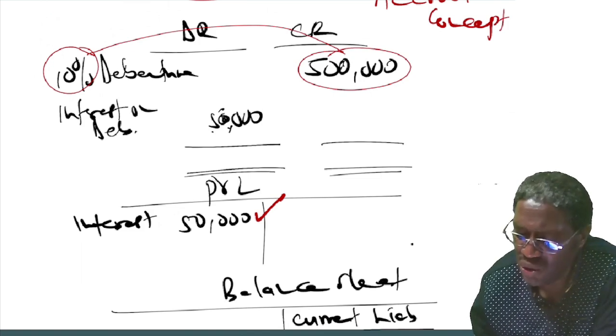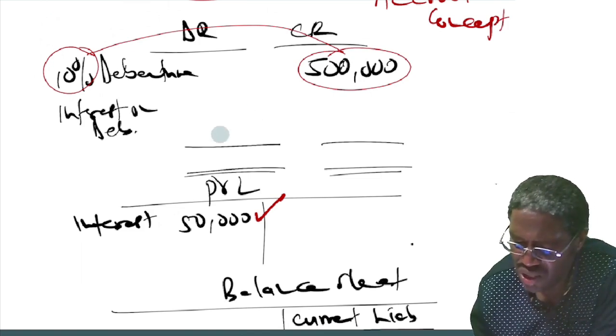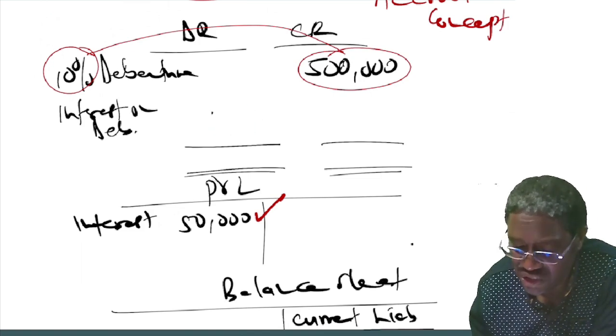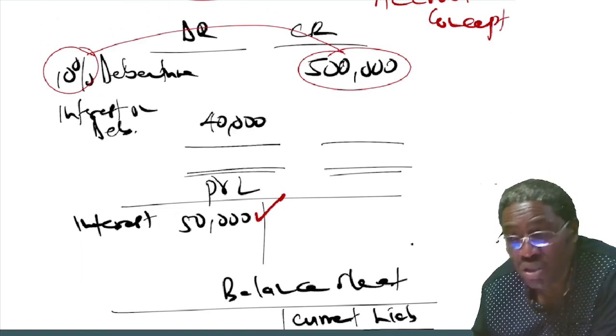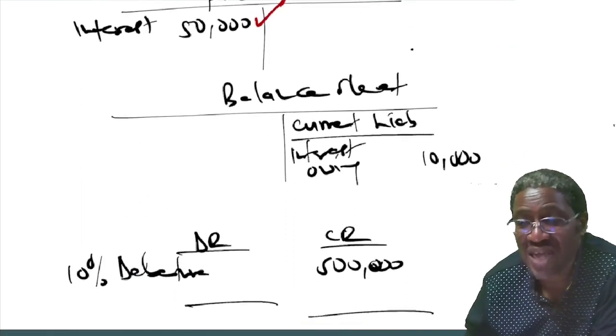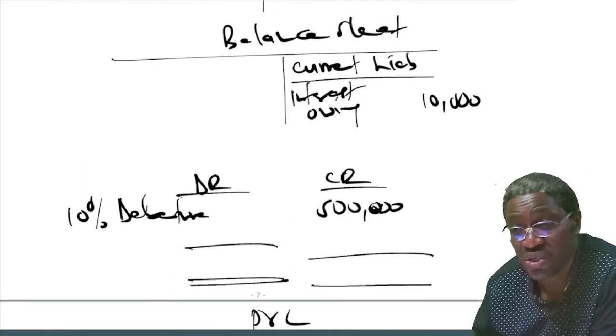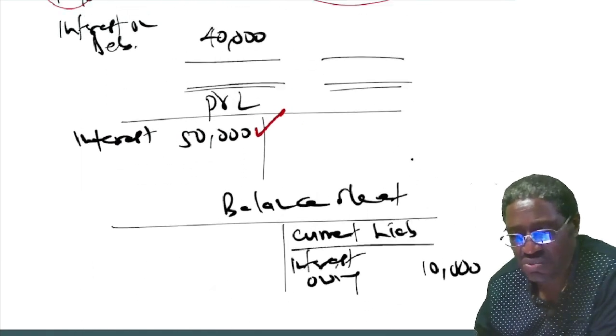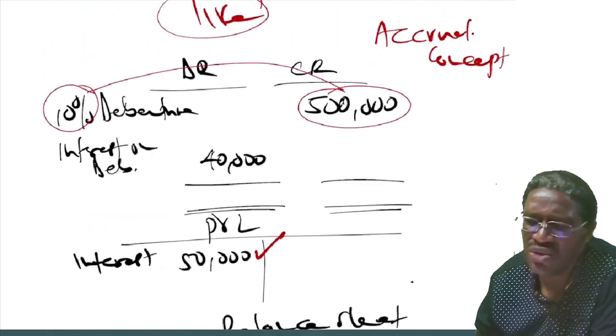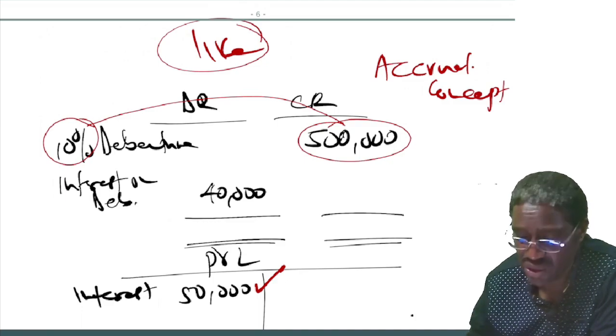But the examiner will always give you a scenario where part of the interest is paid, like that 40,000, or he will give you a scenario where no interest is paid. Listen, I brought this because we are still doing company accounts in published accounts.